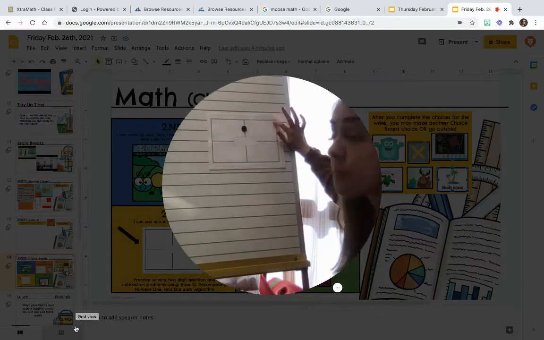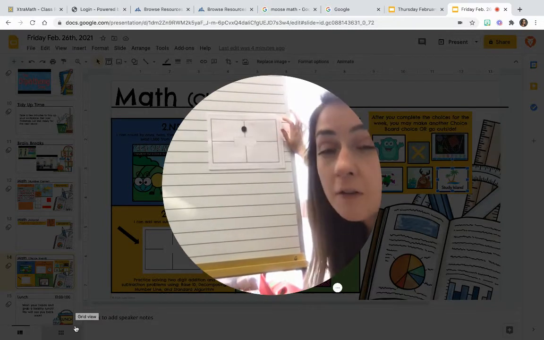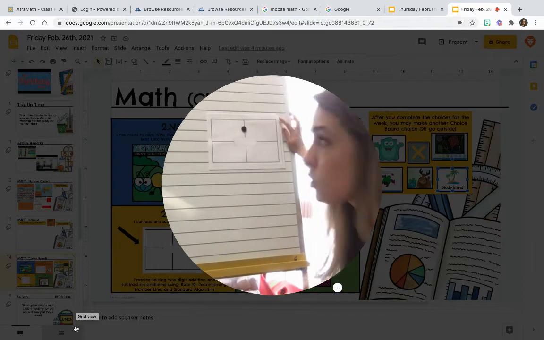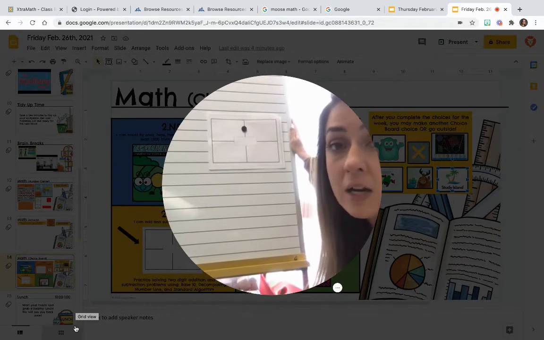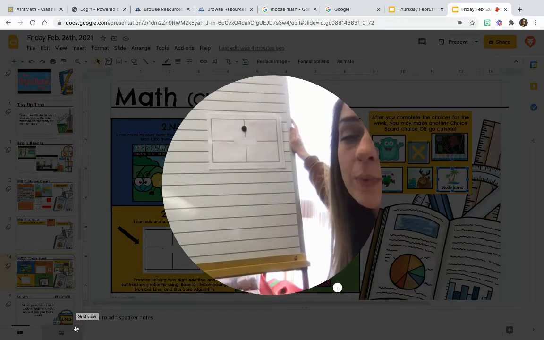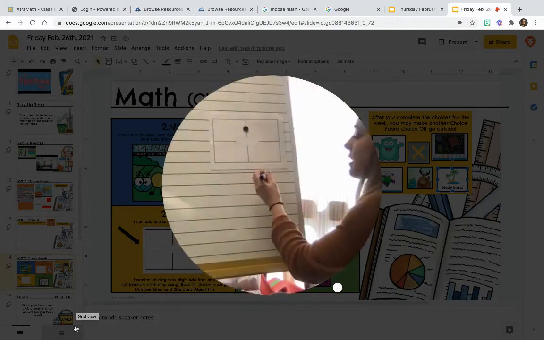Okay, so in your first box, if you're choosing this choice, so this choice is solving addition and subtraction problems using base 10. That's the only strategy that I want to see because that's the only strategy that we've talked about this week. We're going to talk about another strategy next week, but this week we've only talked about base 10.